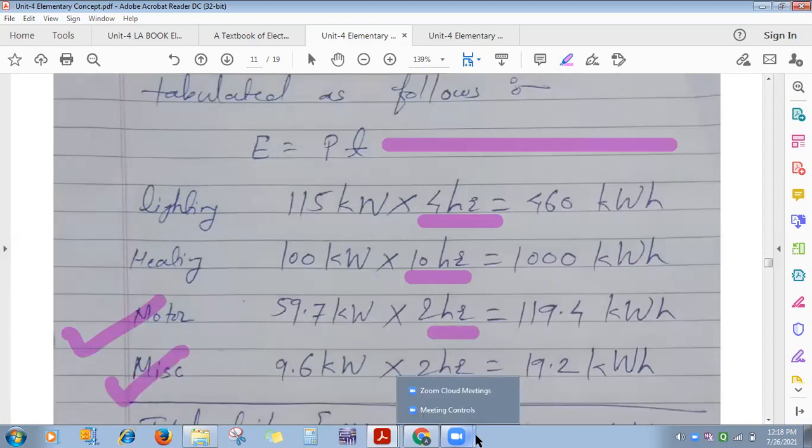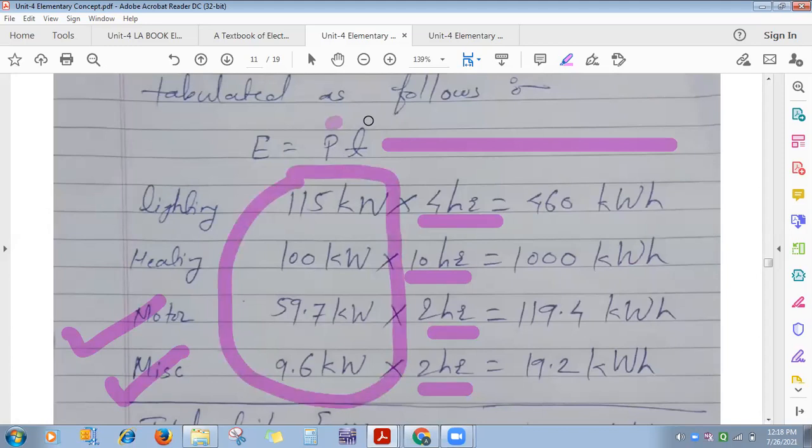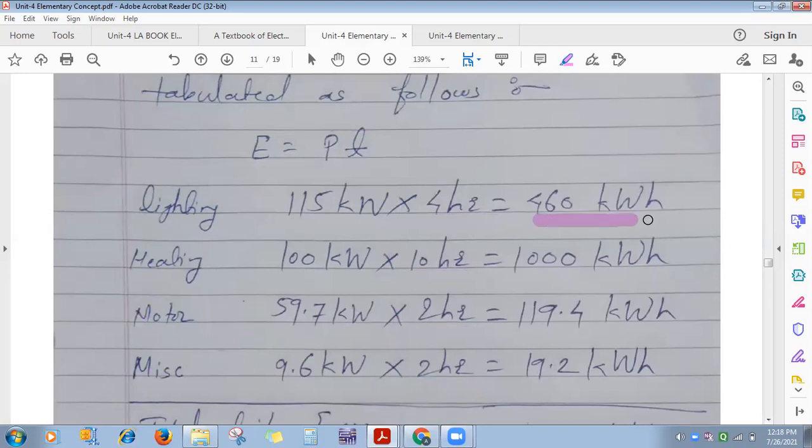The power consumed we have just calculated, so power into time will be the energy. Power is in kilowatt and time in hour, so you will get the energy in kilowatt hour. Can you calculate the energy in kilowatt hour?